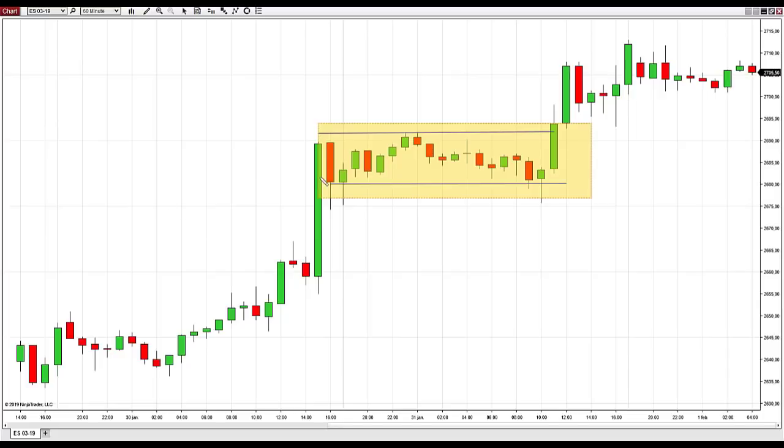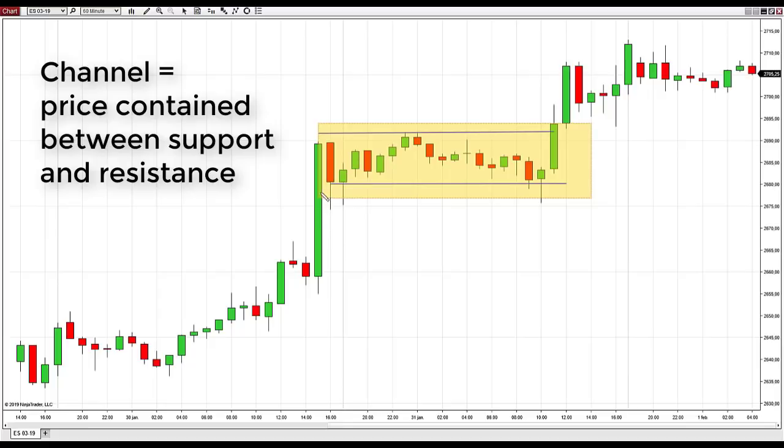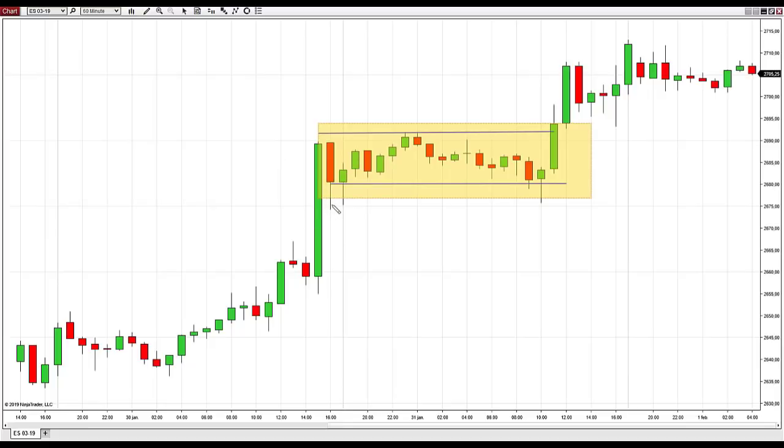So you will very often have candlesticks that have their shadows penetrate the support line, and they would close inside the channel. They would close above the support level. And same thing with resistance lines.